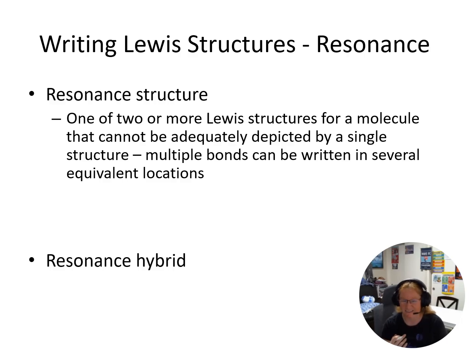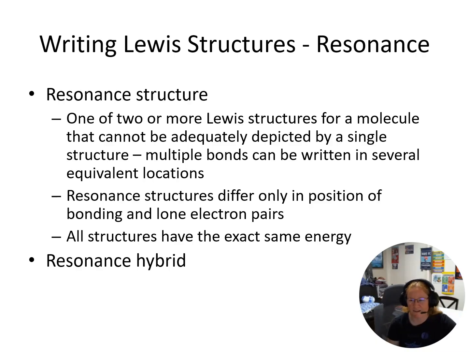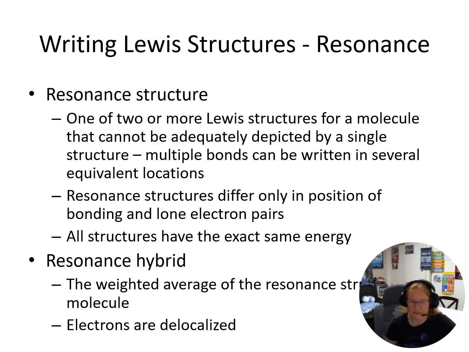And so it doesn't really matter, okay? And so we differ only in the position and bonding of those bonding and lone electron pairs. So technically what we drew for cyanate was a resonance set, but it wasn't all equivalent, okay? And so all the structures did not have the exact same energy there, okay? A resonance hybrid, we get this weighted average of the resonance structures, and the electrons are delocalized, okay?